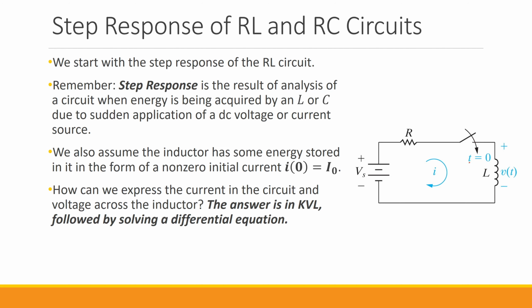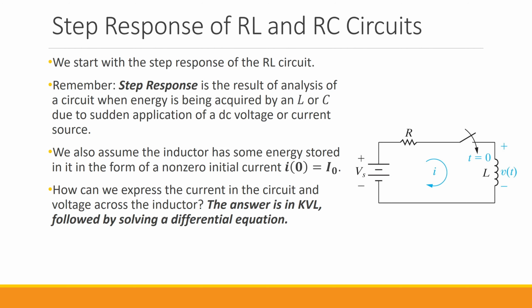At time t equals 0, this switch goes from the open position to the closed position. It means that before t equals 0, this switch was open and there was no current going through the circuit. But after t equals 0, the switch is in the closed position, and now we start having current flowing through the circuit.